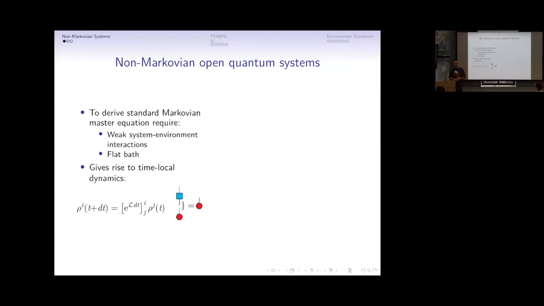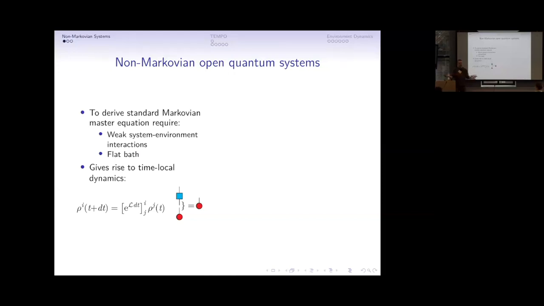You make the assumption that the interaction between these two parts of the universe is weak, so the system and environment are not strongly interacting with each other. There's some distinction I can make between the part of the world that I'm going to call the system and the part of the world that I'm going to call the environment. And also, typically, you make the assumption that the spectral density of the environment is flat.